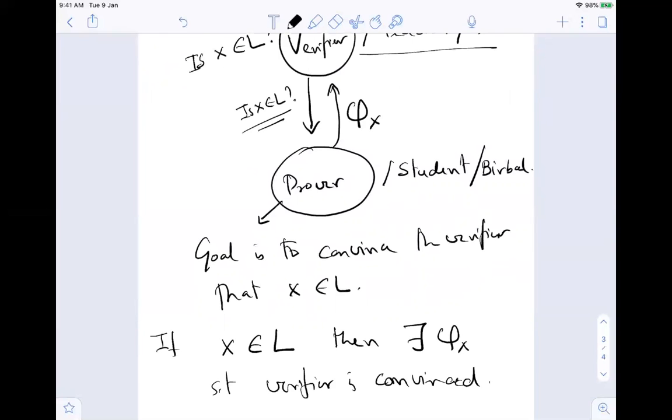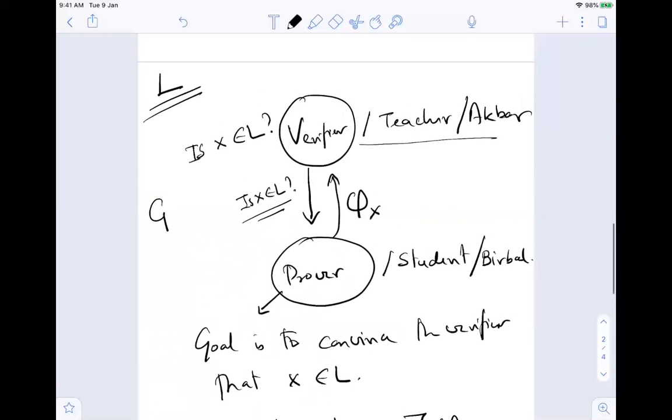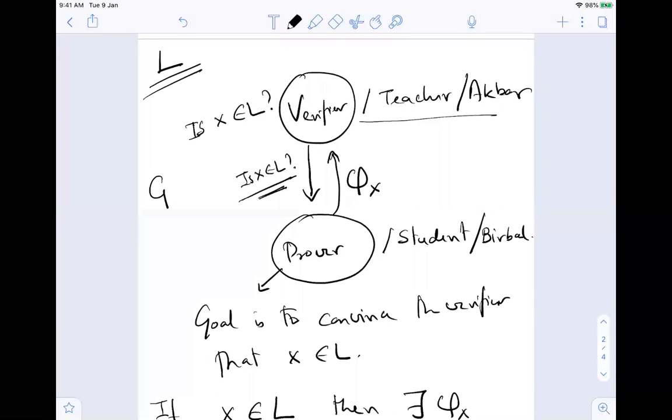So think of it this way again: if L is that vertex cover language, the verifier wants to check if a particular graph has a vertex cover of size less than some threshold, and gives it to the prover. If actually G is in the language, that means G has a vertex cover of size less than the threshold, the prover can say, oh yeah, see, here is the vertex cover. Here is the proof that it is a vertex cover of size less than the threshold.